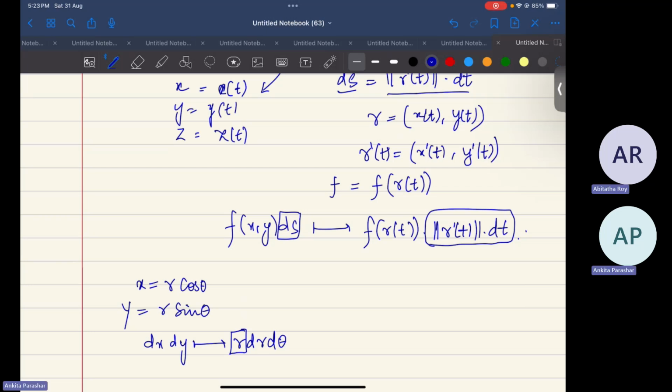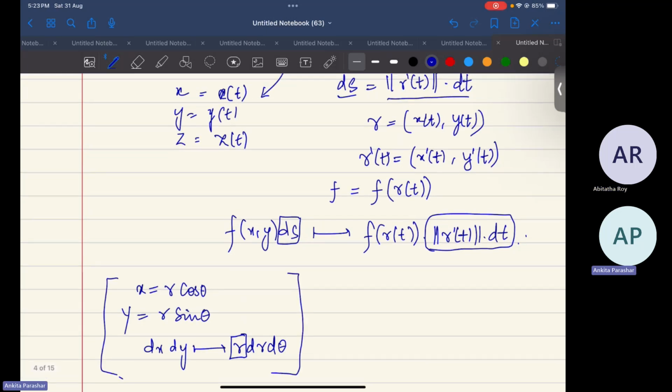We also use this while transforming x and y into a function of u and v. Even then, you need the determinant of the Jacobian matrix in order to change the parameter, ds or dx dy or dr. Anything you want to change, you apply that same thing, and the Jacobian matrix and its determinant is going to help you do that.